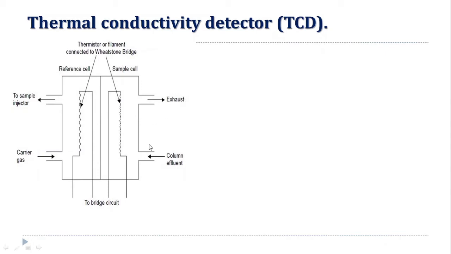So what will happen? See here, these are the two equal halves. One is the reference cell, one is the sample cell. In the reference cell, only the carrier gas comes in contact with the bridge circuit, while in the sample cell, the carrier gas plus a particular component of the sample or mixture comes in a gaseous form.